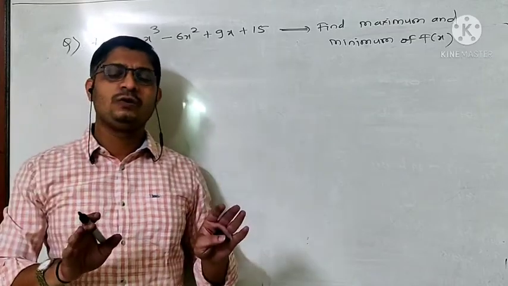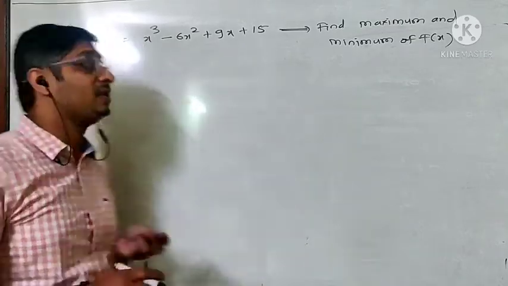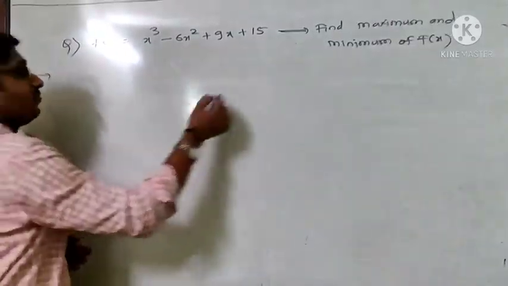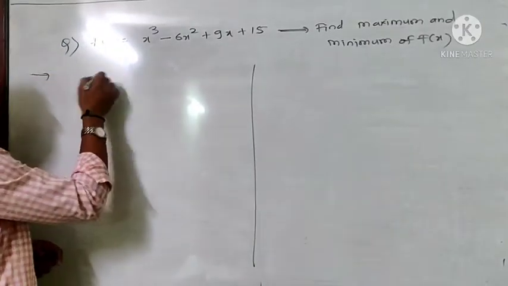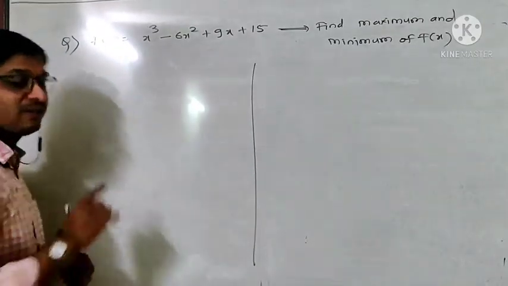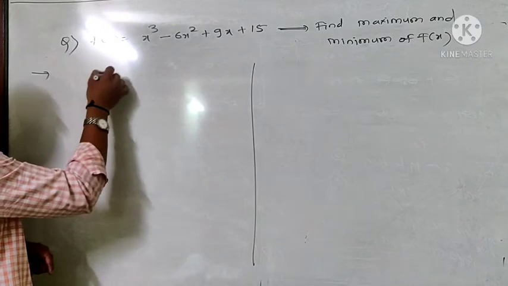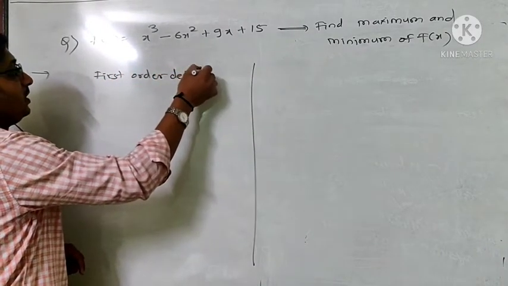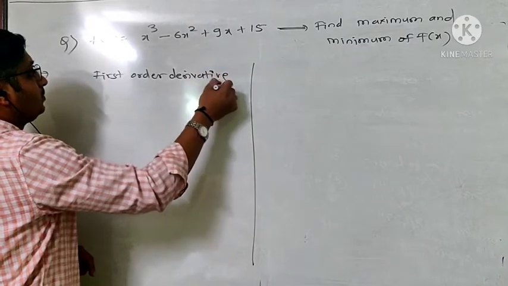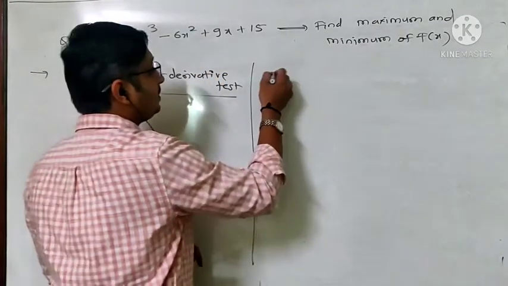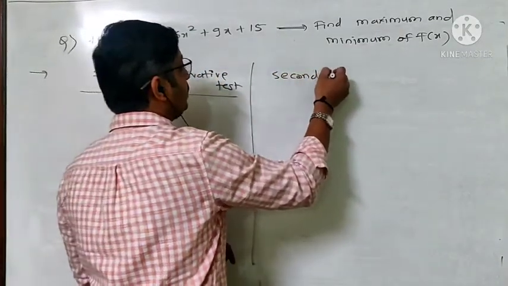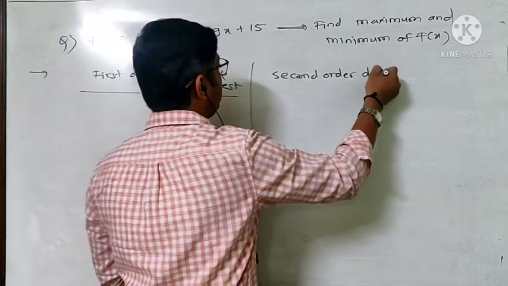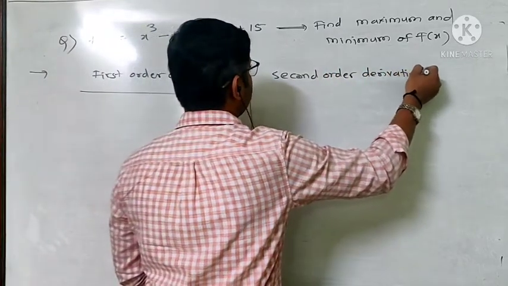We are only going to find the global maxima and global minima. So how can we find this? We have studied two individual tests. The first is our first order derivative test, and the second is the second order derivative test.